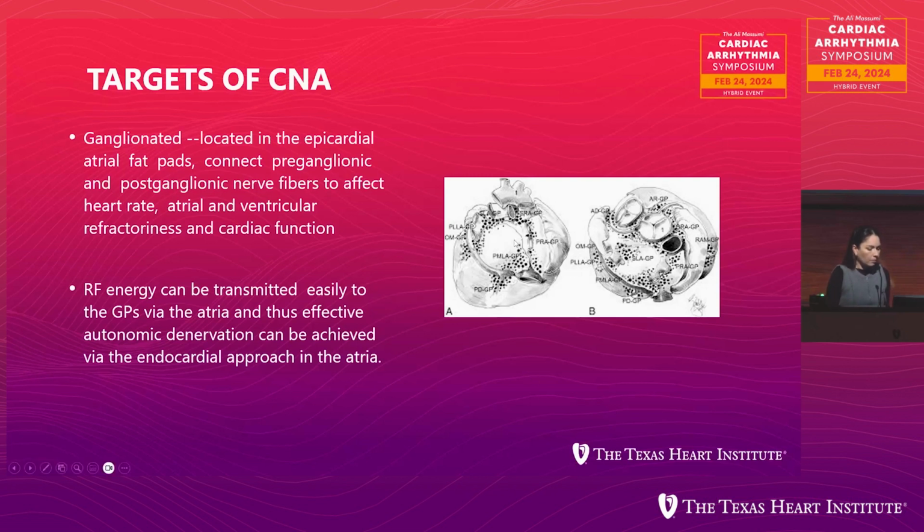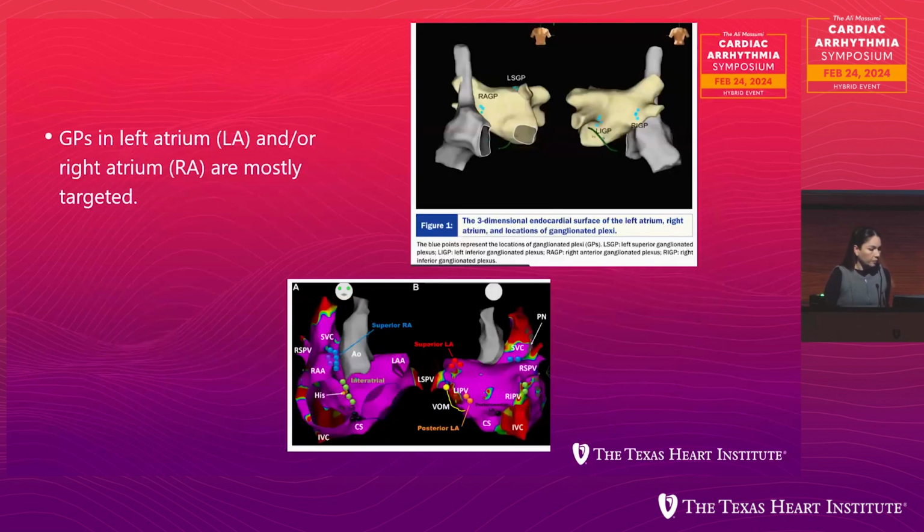And that's how we've known that we've affected them. When we are ablating atrial fibrillation, for example, some of the areas cross where some GPs exist, and we see extreme vagal responses when we're ablating, with bradycardia, even asystole at times.